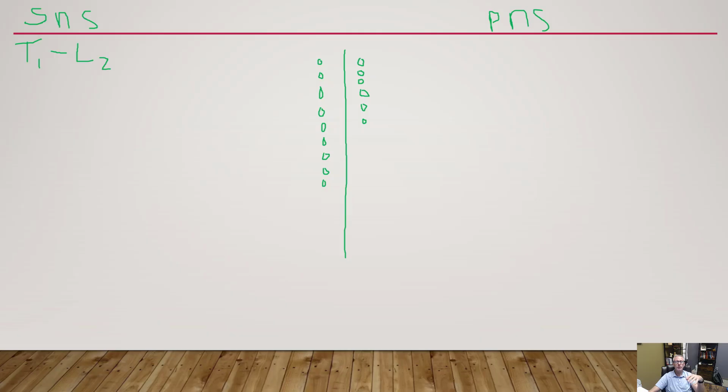Remember, we're talking about the autonomic nervous system, or more specifically, the sympathetic division of the autonomic nervous system. So we could actually look at the lengths of the preganglionic fibers and the postganglionic fibers.